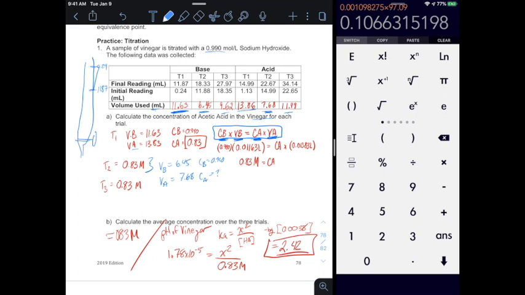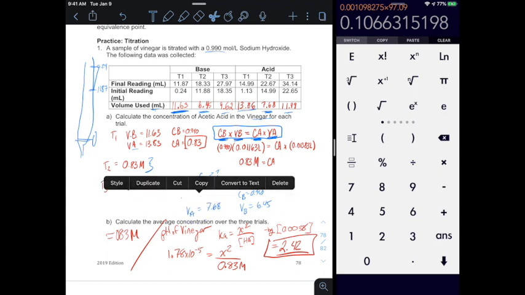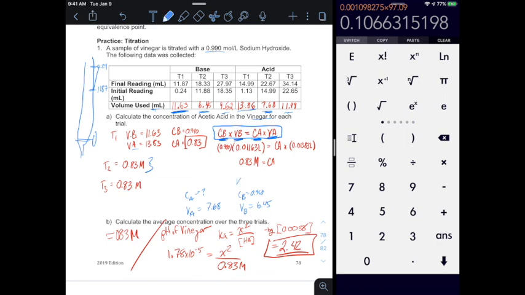That's the question. Maybe let's do a little rearrangement so we can play with it in the same space we did before. The way we've been doing it was to organize it this way, so that they were parallel to each other. I think sometimes we put concentration below, that's fine. And then we put the N up here, just because I like to be really clear. Base, acid. So we would take the concentration of the base, 0.990, times the volume of the base, which is in milliliters actually.